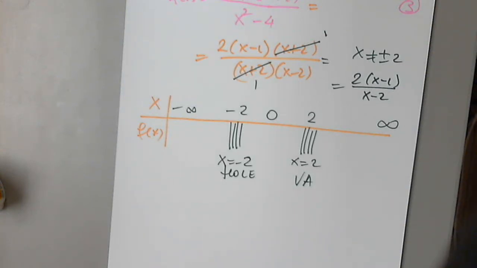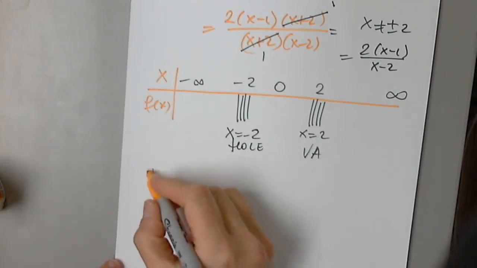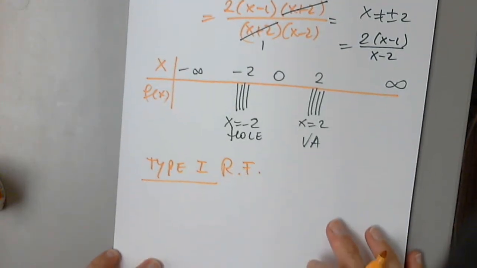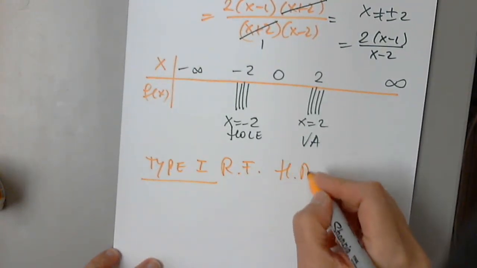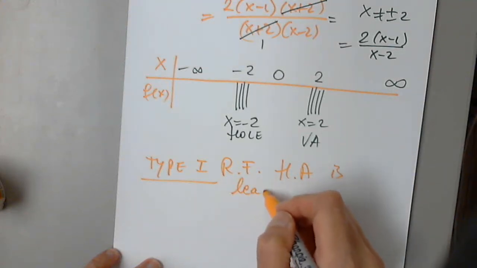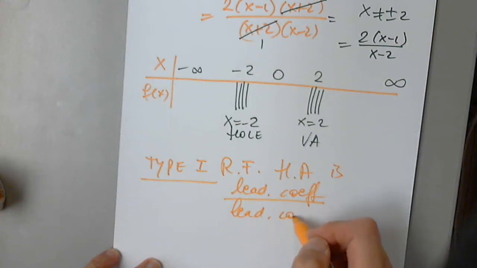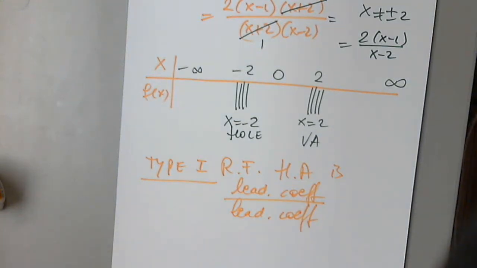Good. So now let's talk about the end behavior. Last time I did not write this. I remember clearly I did not. So now I'm going to write it. For a type 1 rational function, the horizontal asymptote is leading coefficient over leading coefficient. I didn't want you to just memorize this.